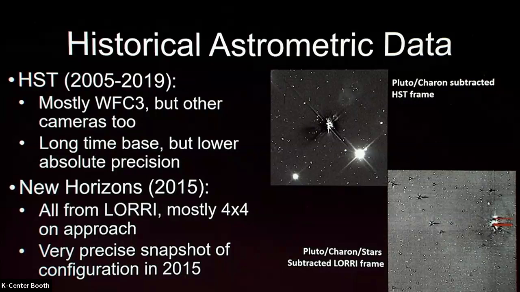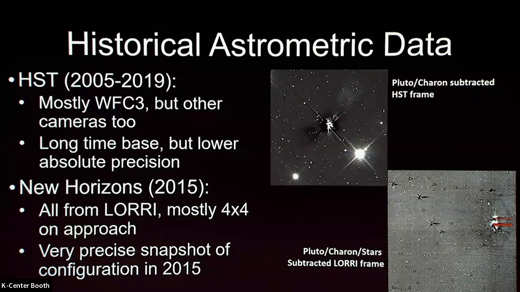So speaking of HST, in order to get the masses of the objects, it's this combined solution of all the data we've got, which is both the HST astrometry, which goes back to 2006, because there are some pre-coveries, and that goes through 2019. So 2006 to 2019.